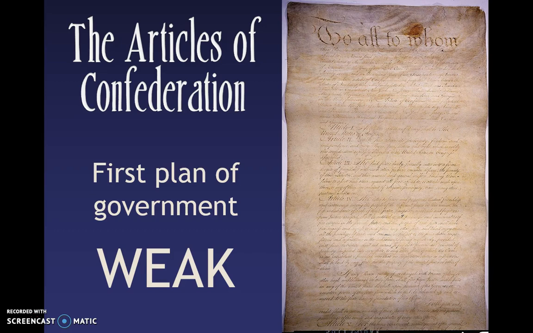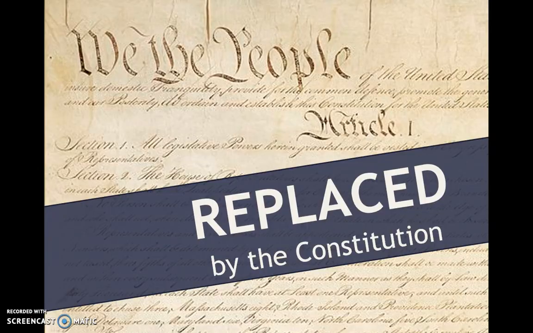There were 13 specific articles that would define the relationship amongst those 13 sovereign and independent states. And this first plan of government was Constitution 1.0. It was replaced by the Constitution in 1787. And so our goal with this part one of this video series is to understand why.